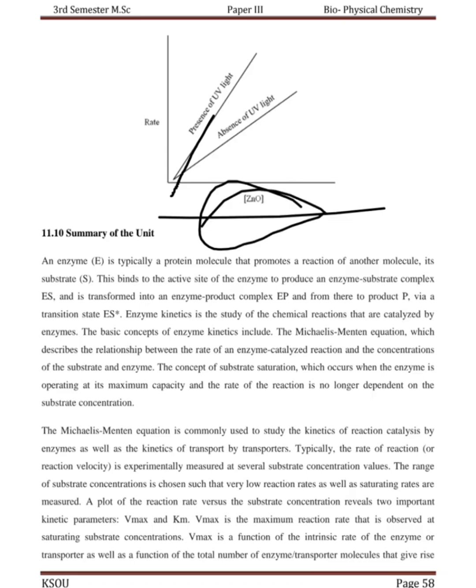When zinc oxide is added in the presence of UV light, the rate of reaction is increasing. So this is what you can see in the presence and absence of UV light. Addition of zinc oxide increases the rate of reaction. So here zinc oxide acts as a photocatalyst.